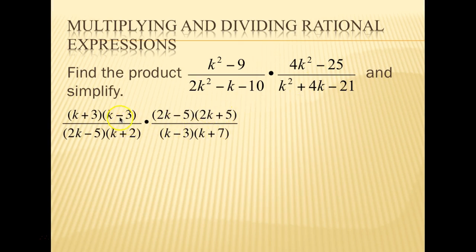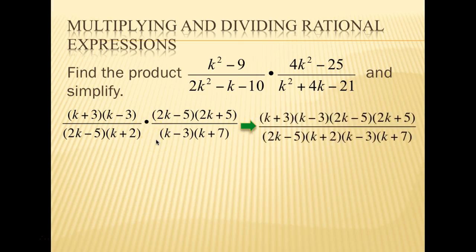And so remember, when you multiply two fractions, top times top, bottom times bottom. And then we're going to simplify what we can. If I have the same expression in the numerator and denominator and I'm multiplying, that will reduce to 1. So I have x minus 3 and x minus 3 reduce to 1, and 2x minus 5 and 2x minus 5 reduce to 1.